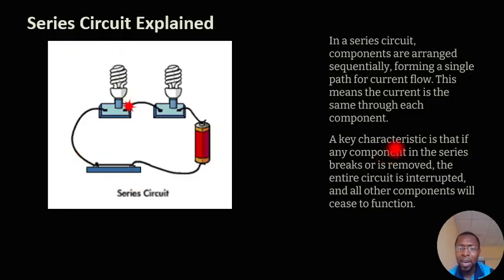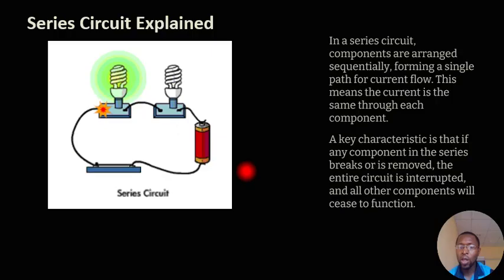Now, the key characteristic is that any break in a component in a series affects the other one. Now, if anything happens to this bulb here, automatically, even if this battery is working, this other bulb will never turn on. That's because of the series arrangement method.